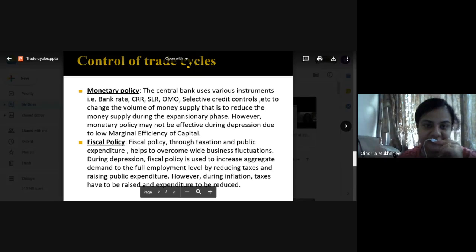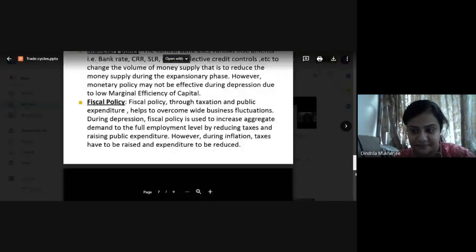Such kinds of taxes can be a cause of inflation. So such changes are brought about by the government through the fiscal policy, right?